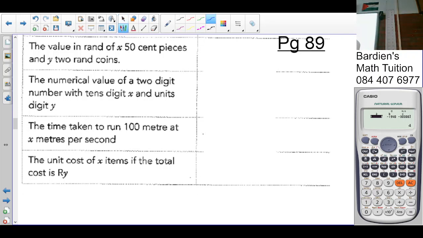If x was 4 and y was 2, what would the value in rands be? You would have 4 50-cent pieces, plus 2 two-rand coins. So that would be 2 rand plus 4, which is 6 rand.